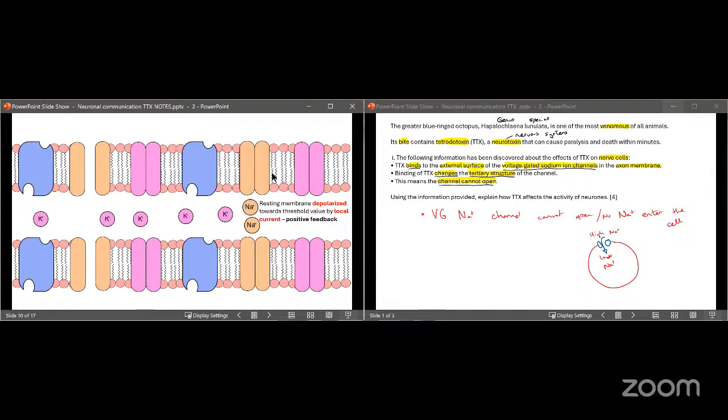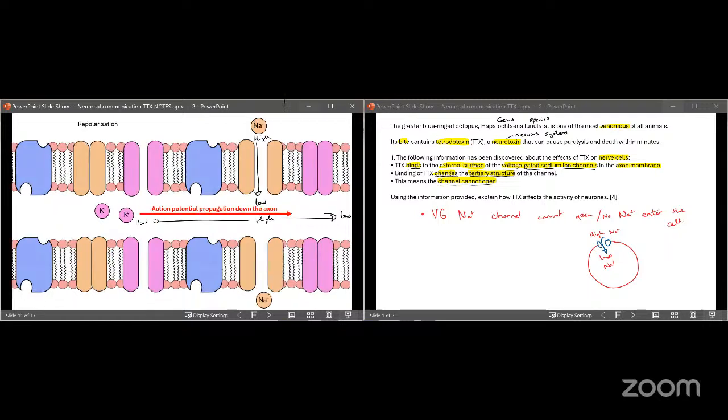And therefore, this is no longer at that resting state. So the resting membrane becomes depolarized towards that threshold value by this local current, and that is what we know as positive feedback. That will then cause those channels to open and the sodium will come in.